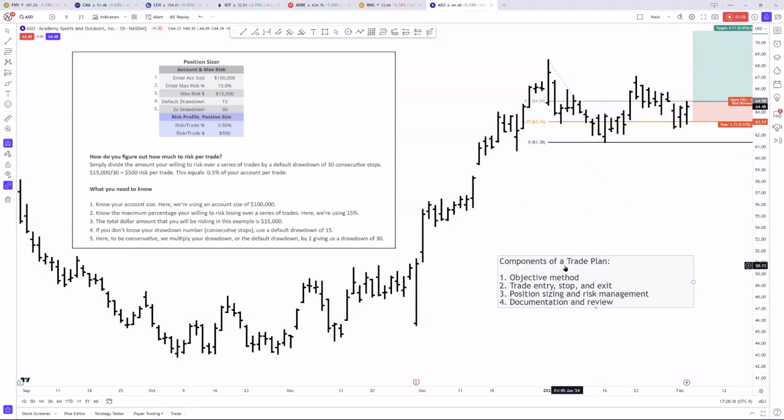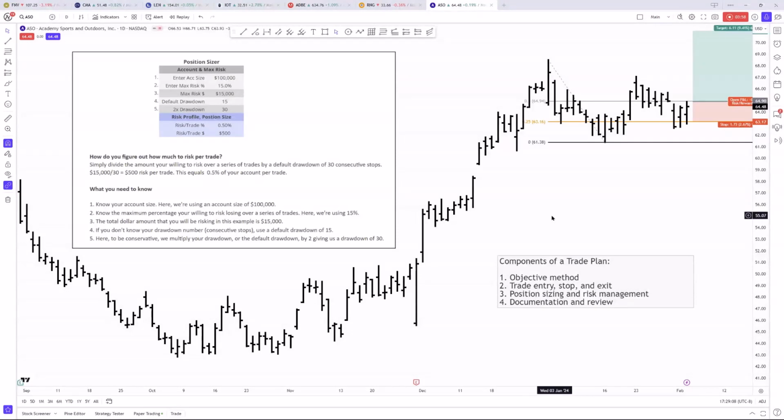All right, so that being said, let's talk about how to position size. There are entire books written about this, but we're going to do it simply. All you need is two things. You need your risk tolerance: how much of your account you're willing to risk over a series of trades, not per trade. And then drawdown.